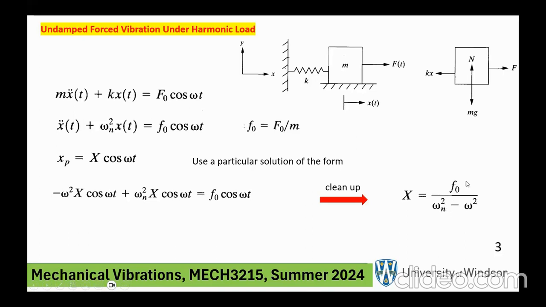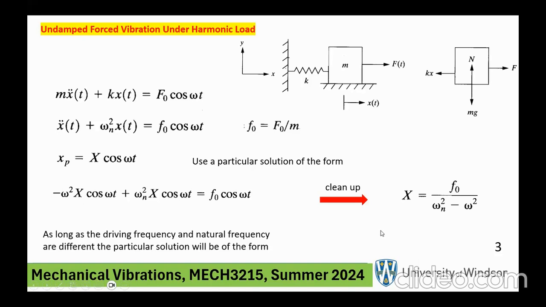Those who don't believe me, if you take this times cosine of omega t and plug it in the very first equation, you get equality. And that should not surprise you, because that's exactly how we got this big X. All right. So as long as omega is different from omega n, this makes sense.